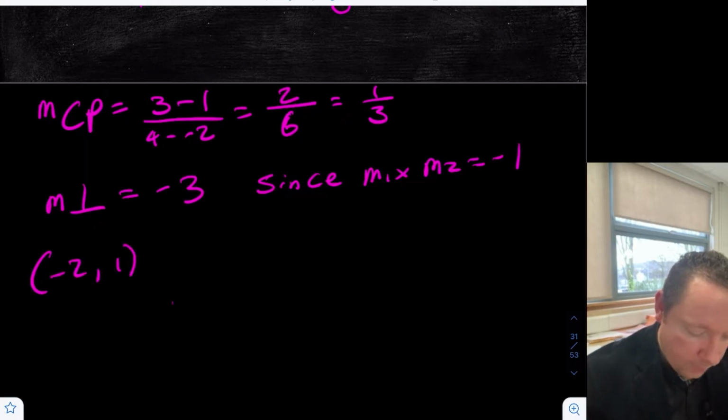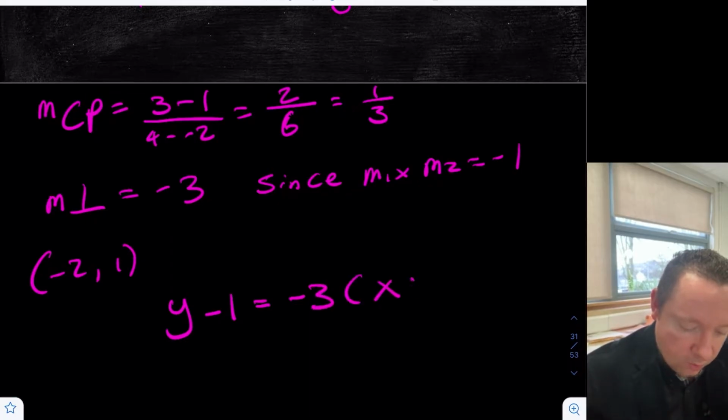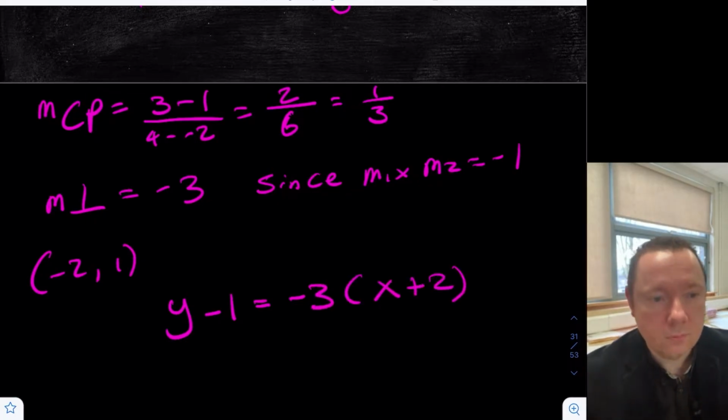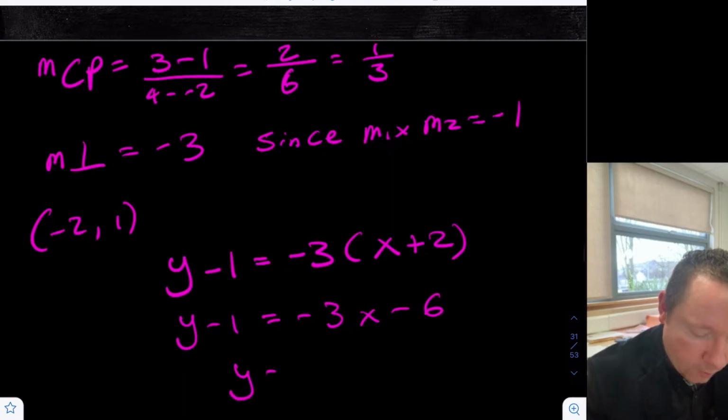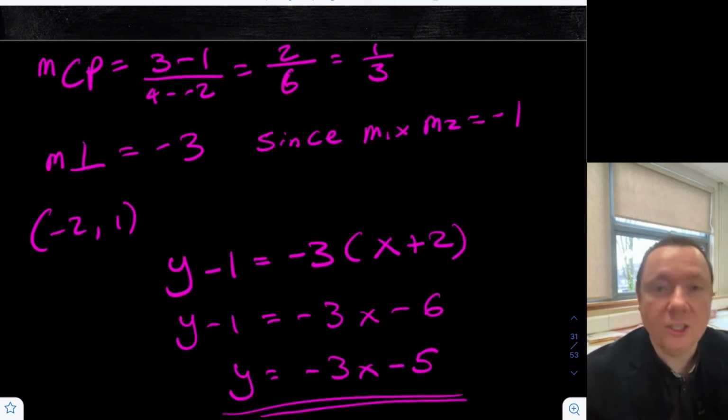So y minus b equals m(x minus a), so plus 2. So y minus 1 equals minus 3x minus 6. So y equals minus 3x minus 5. And that's the equation of our tangent.